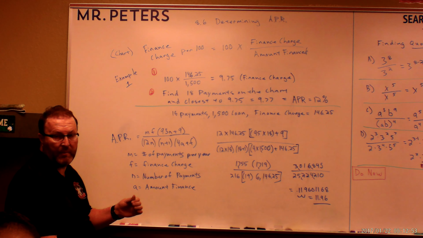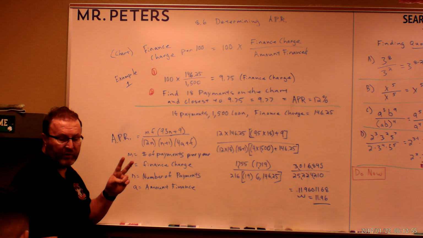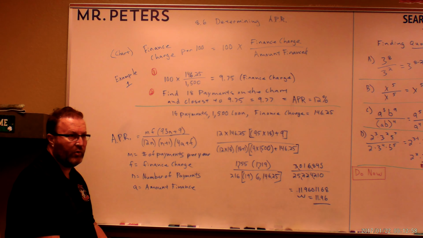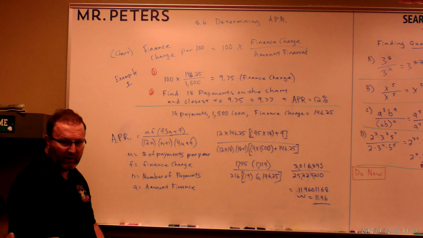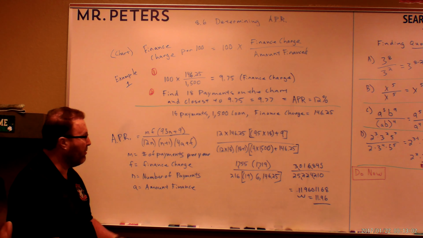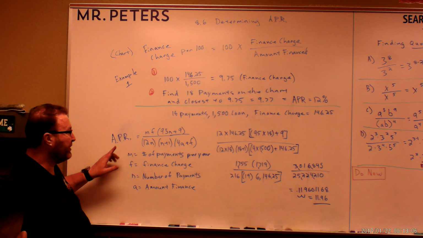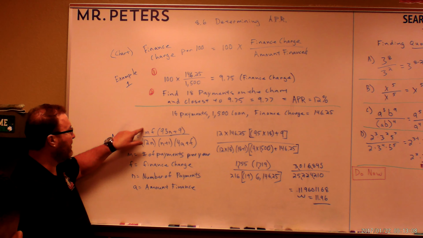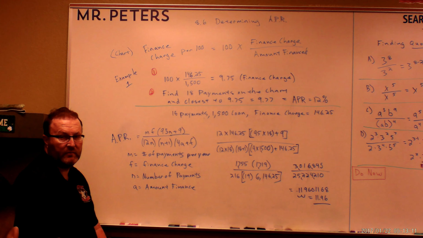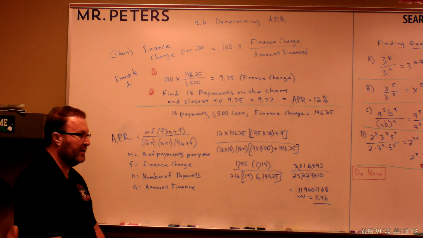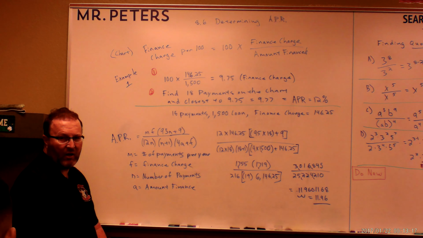Let's say they were semi-monthly, the payments were twice a month. It doesn't happen too often, but people that are reestablishing their credit typically, they'll put them on schedules like that. So those are different. But most of our problems, the M is always going to be 12, unless it was semi-monthly or quarterly or something along those lines.